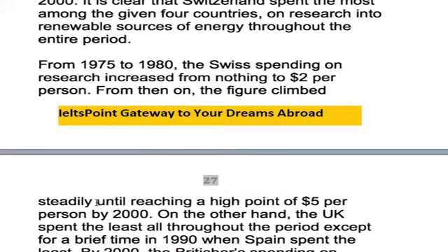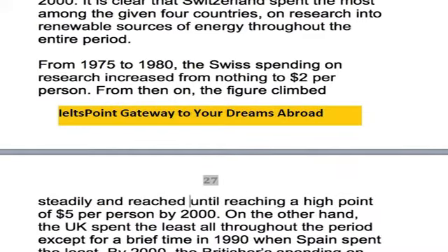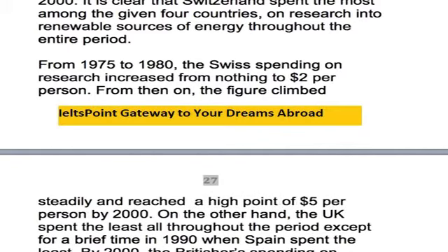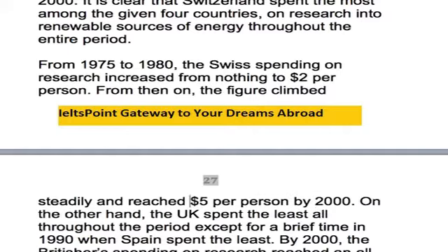And reached a high point of $5 per person by 2000. See, it is easy now. From then on, the figure climbed steadily and reached $5 per person by 2000.